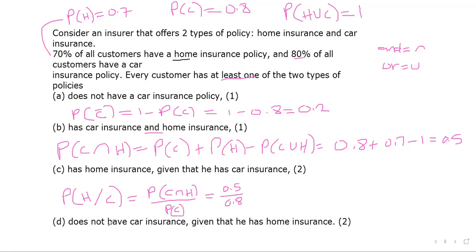How about does not have a car insurance given he has a home? So does not have a car insurance is car complement given home. So this will give you the intersection of the two letters, except one letter has a complement. Then down there, we put what? Probability of H. Since the complement is on C in this case, you rewrite this and solve for this formula.